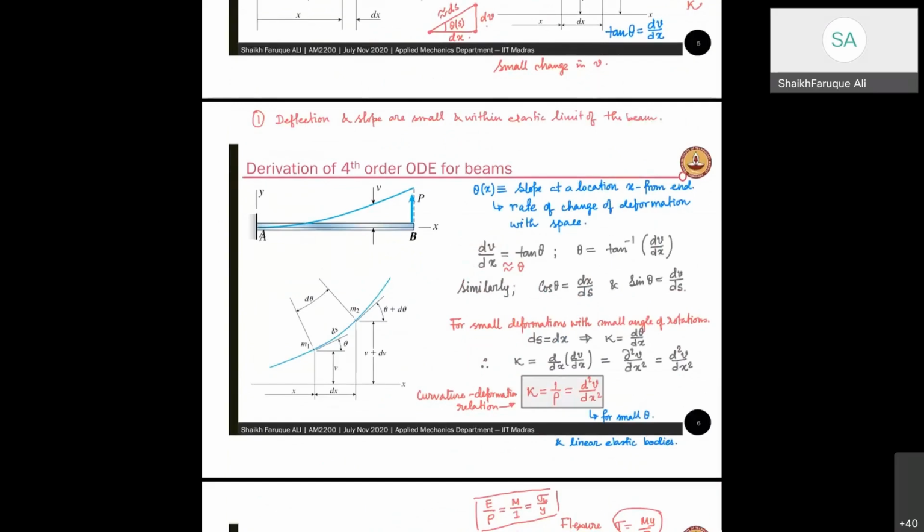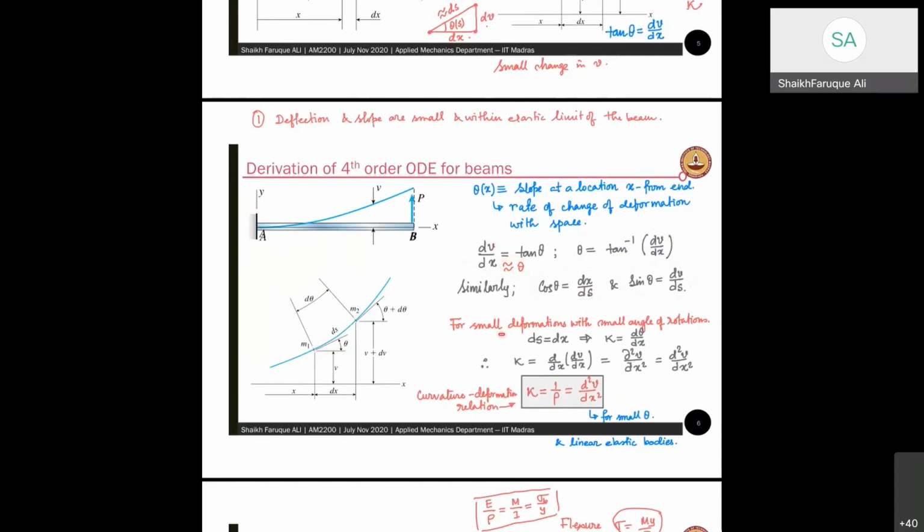If I assume theta to be small, I have tan theta nearly equal to theta, so dv by dx is nearly equal to theta. Remember this formula, don't forget this, we will come back to this. Similarly, cos theta is going to be dx by ds and sin theta is going to be dv by ds. You can find that from this relationship. This is ds, this is dx, and this is your dv.